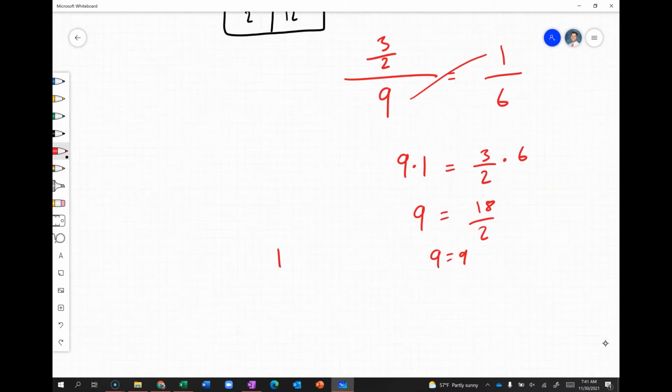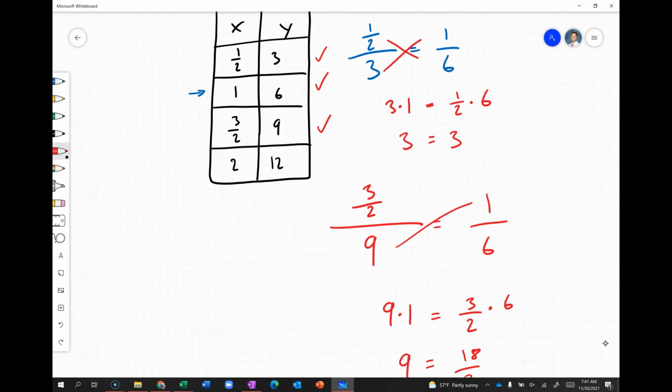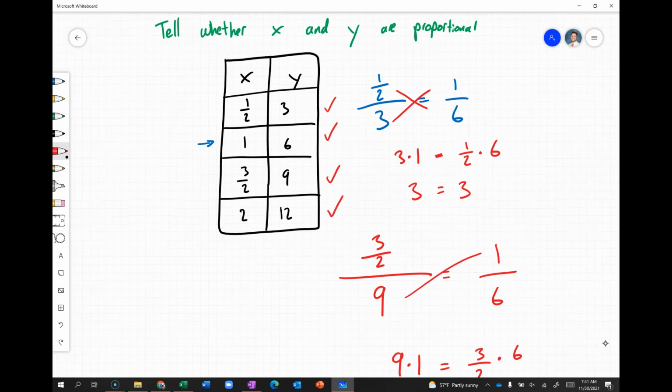And finally, we have 1/6, which should be equal to 2/12. We already know that those are equivalent, but again, just to use that cross products rule, 6 times 2 should be equivalent to 1 times 12. And of course, both of those equal 12. So this relationship between x and y is proportional.